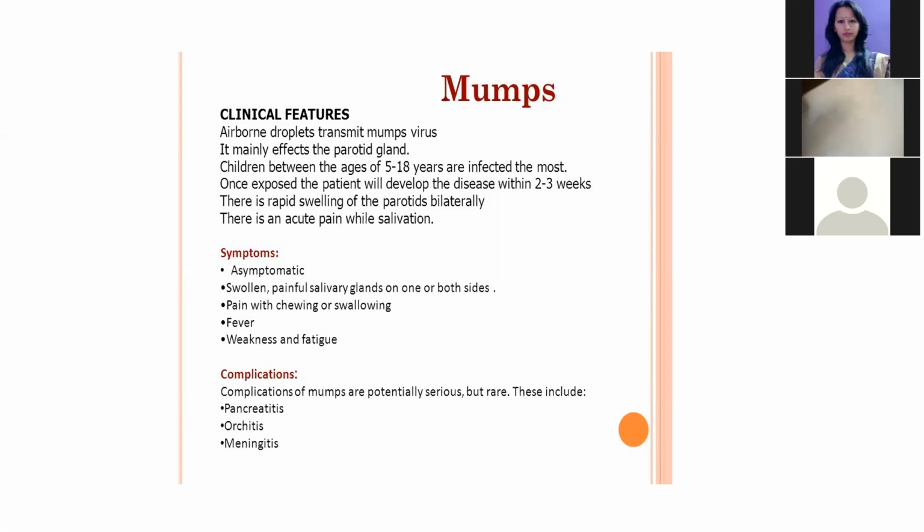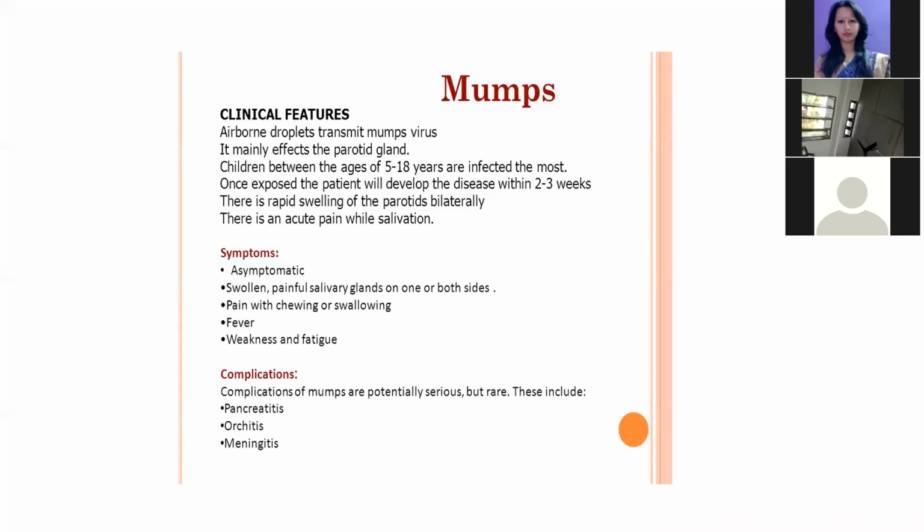And since it also causes meningitis, we can take the CSF for the diagnosis. Saliva is taken within 4 to 5 days, urine up to 2 weeks, and CSF within 8 to 9 days after the onset of illness.